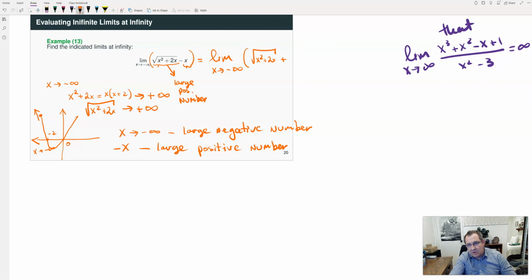And look, I will write it this way, plus negative x. So that minus over here I replace with plus of negative x. And I know that this is large positive, and negative x is also large positive. When I have large positive plus large positive, I get large positive. So my conclusion is that the limit is positive infinity.